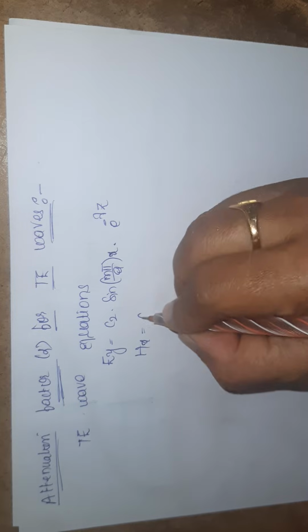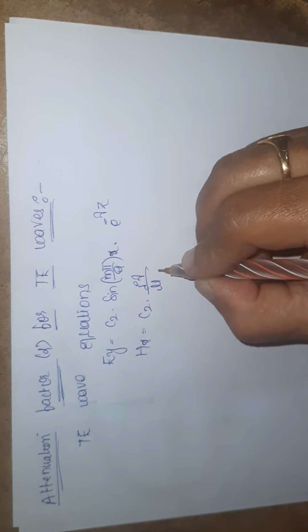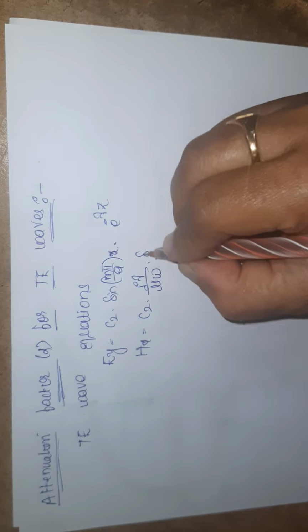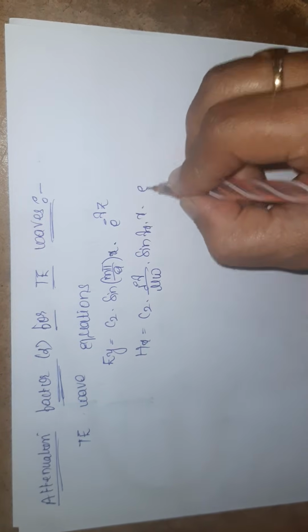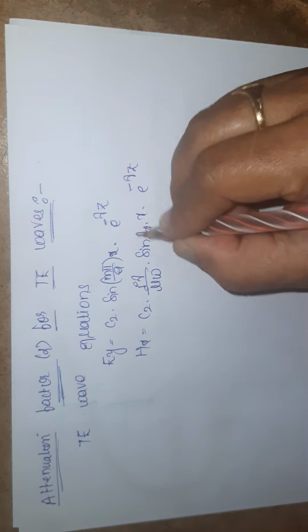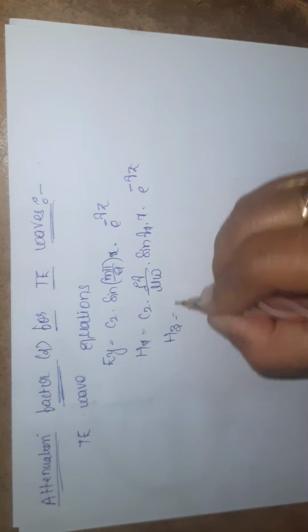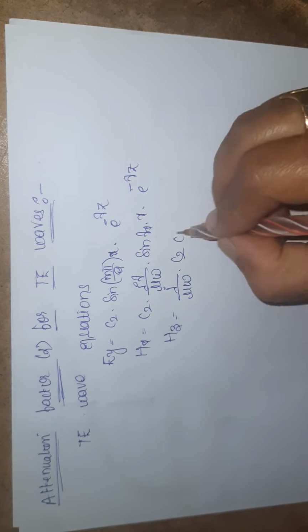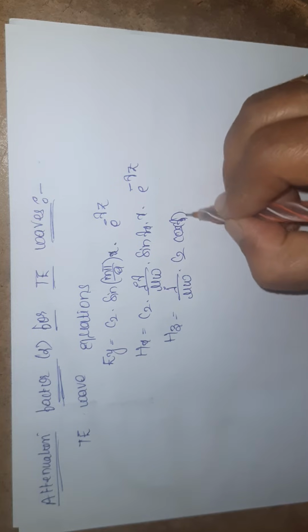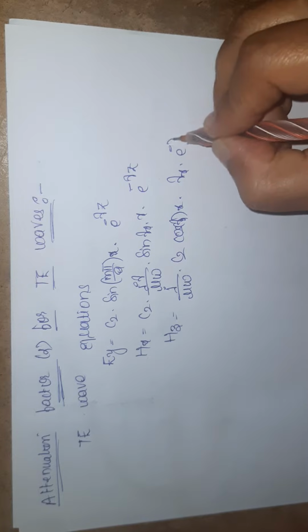Hx is equal to C2 j gamma by mu omega sin(gamma x) into e power minus gamma z, where sin gamma x is nothing but m pi by a. And Hz is j by mu omega C2 cos(gamma x) into gamma x into e power minus gamma z.